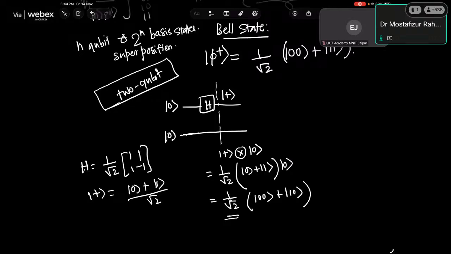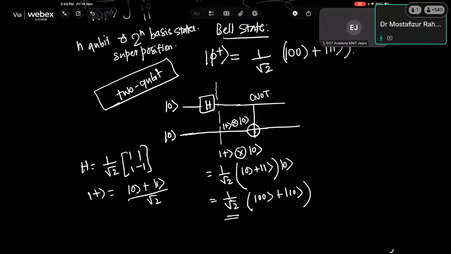The next part is just to apply an entangling gate, a CNOT gate, here. So the state here is plus tensor product with |0>. I'm removing this plus here, just to remove the confusion.